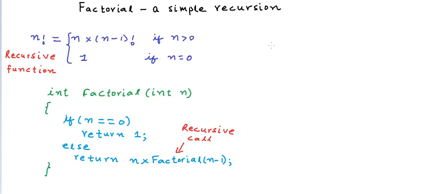Let us now see how the computer understands and executes this particular method. Let's say we want to calculate factorial 4, and I will write f4 here as a shortcut for factorial 4, and I will draw two columns here, and I'll come back to why I'm drawing these two columns.